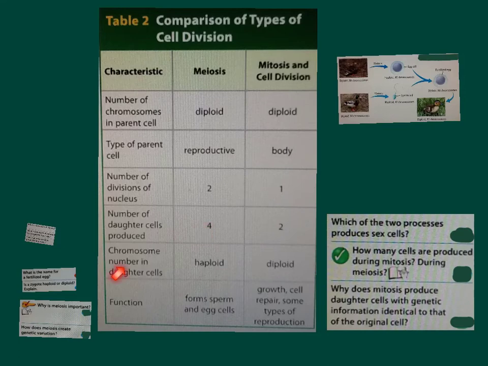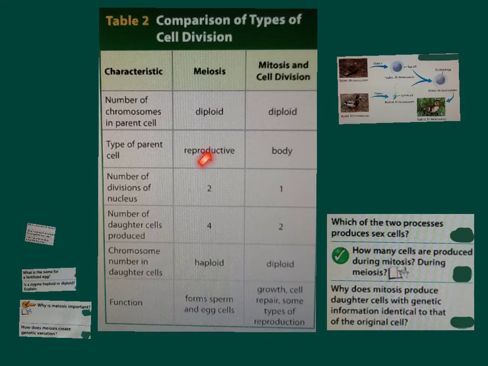Chromosome number in the daughter cell in mitosis is diploid because it's a body cell, it's reproducing itself. In meiosis, it's producing the haploid, single cells, because it's reproductive. Remember, in the reproductive cell, you have a female cell and a male cell, and both have half of the chromosomes, so when they're fertilized or combined, it produces the double, or the total number of chromosomes.